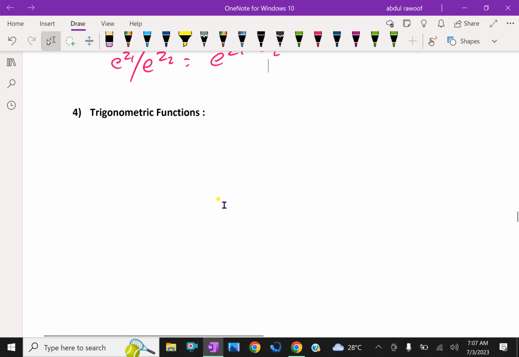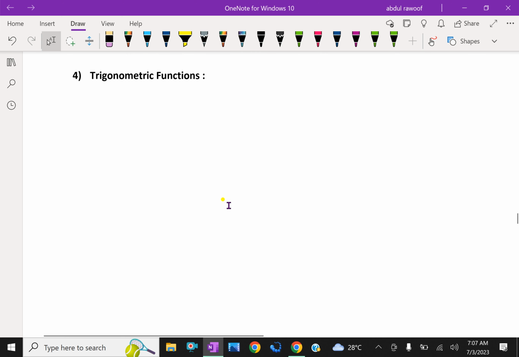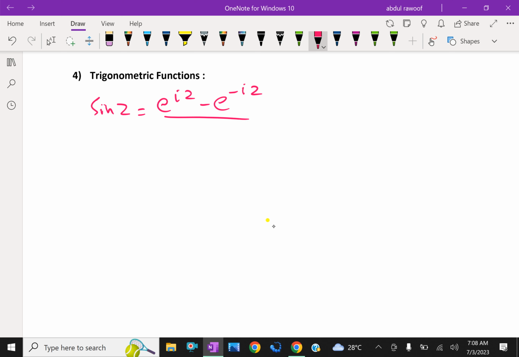Next one, trigonometric function. Trigonometric complex functions are sin z and cos z. We define the trigonometric or circular functions sin z and cos z in terms of exponential functions as follows. Sin z equal to e power iz minus e power minus iz over 2i.